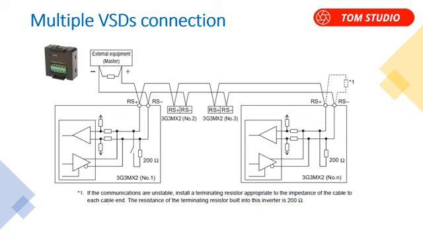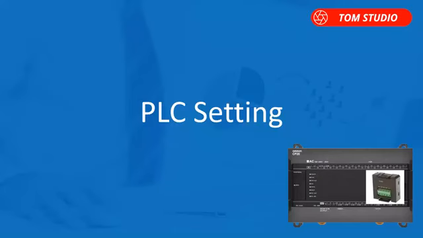But cost-wise, Modbus RTU communications is the most economic way to carry out network communications. It is free of charge, with no need to purchase extra network comms cards like EtherNet/IP, EtherCAT, Profinet, etc. Okay, let's take a look at the PLC port settings.